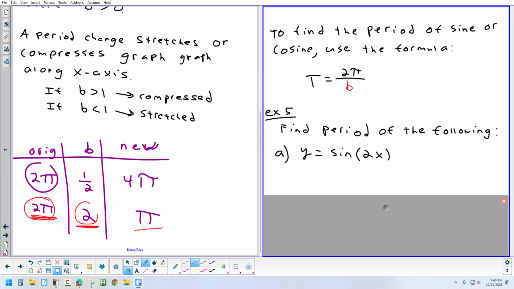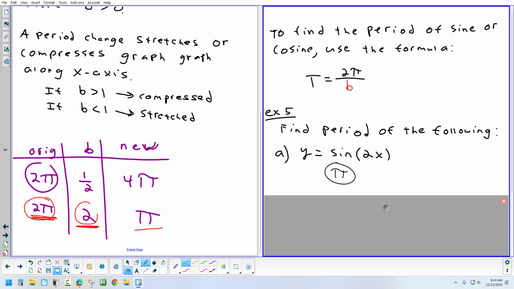So we already actually did some of these. What would be the period of sine 2x? The new period. Yeah. Pi, yeah. Remember 2, a big number, causes the graph to actually get smaller. So the period is smaller.